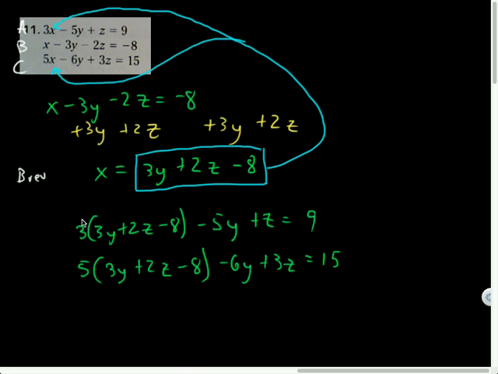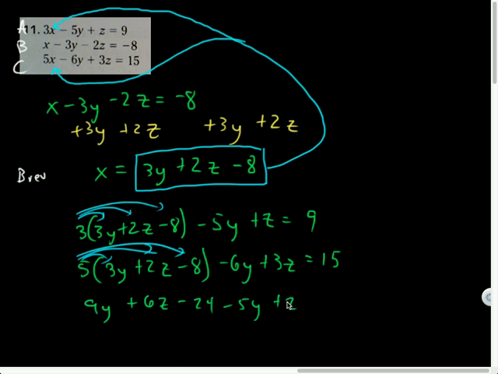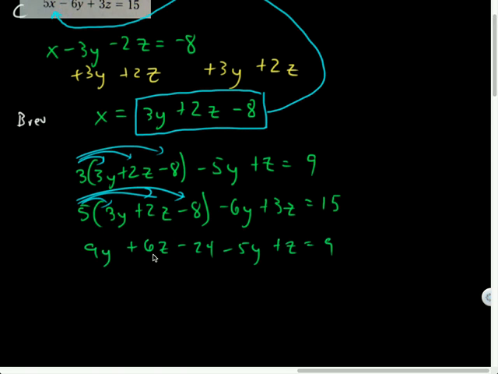I probably could simplify this a little bit. So triple distribution, like so. Let's simplify the top one. I'd have 9y plus 6z minus 24 minus 5y plus z equals 9. I'll keep simplifying this one.